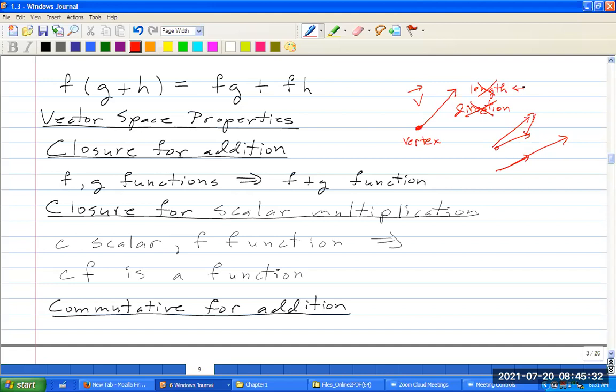Length gives us another important aspect of vectors called a normed vector space. And a direction is also important. That gives us what's called an inner product space. But a vector space, which is more primitive than those, only involves the algebraic properties of a vector.